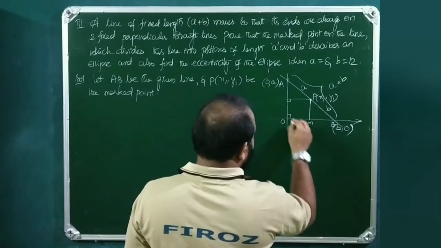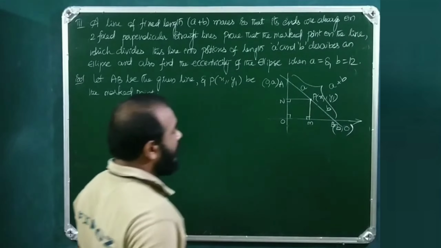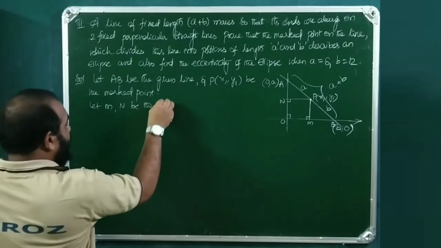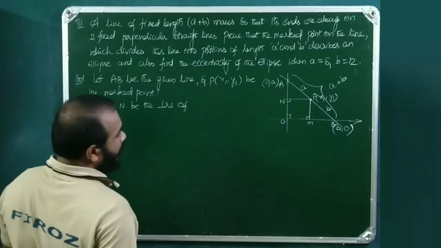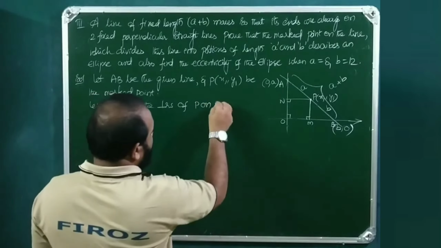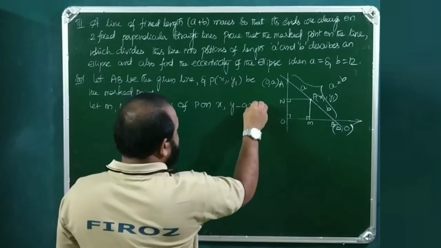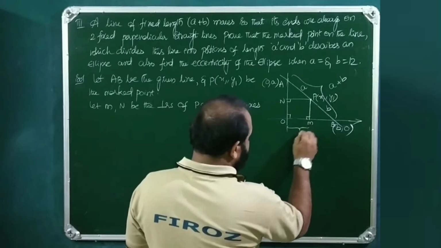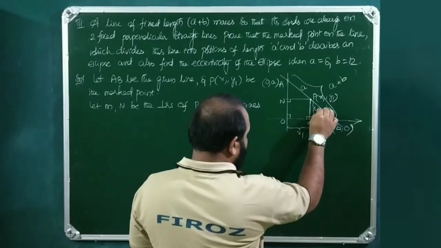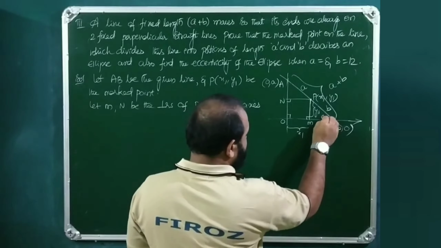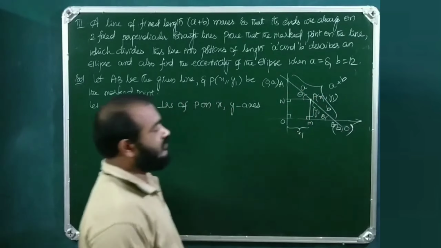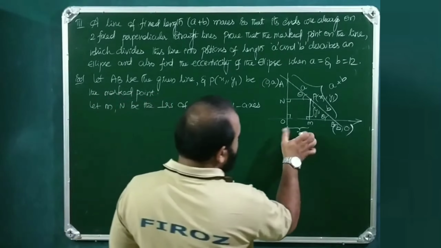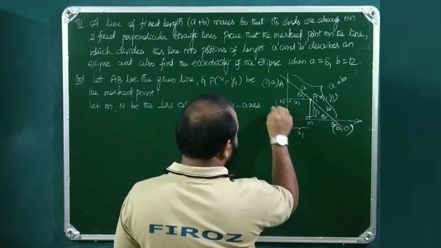So, M and N. Let M, N be the perpendiculars of P on the x, y axes. So that means this is x1 and this is y1. So then this and this are equal angles. Both are equal angles. Now this is x1, this is also x1 and this is y1.